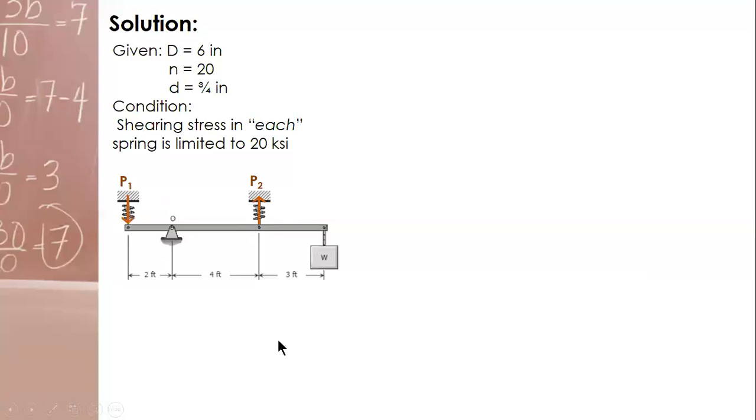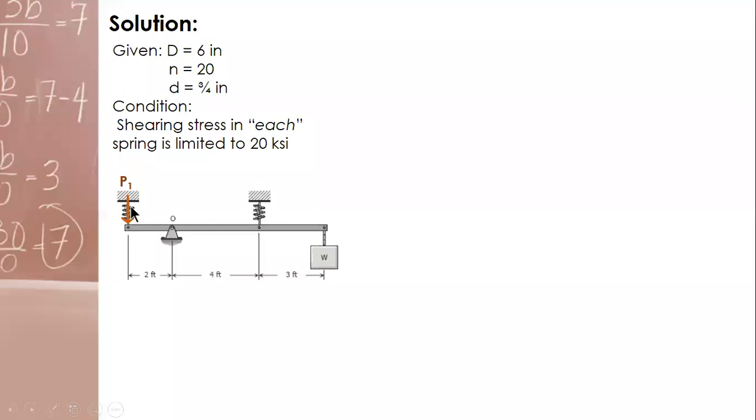Kung imagine nimo pagbira aning weight ni W, this spring will be stretched, mainat man, di ba? While this one will be compressed. Therefore, compression siya, while this one is tension. Mao na siya nga ang force dire downward kay iya man ning giduot.